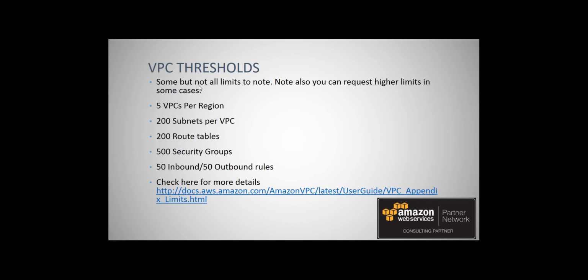They'll typically look at this on a case-by-case basis. 200 subnets per VPC, 200 route tables, 500 security groups, and 50 inbound and outbound rule sets as well. And again, do take a look at the link there.